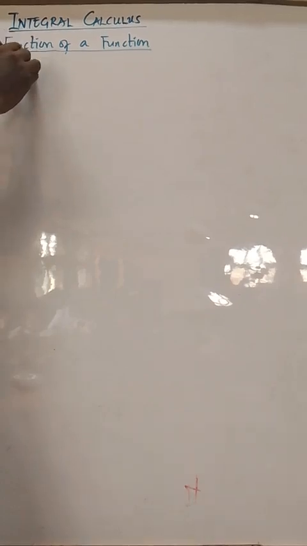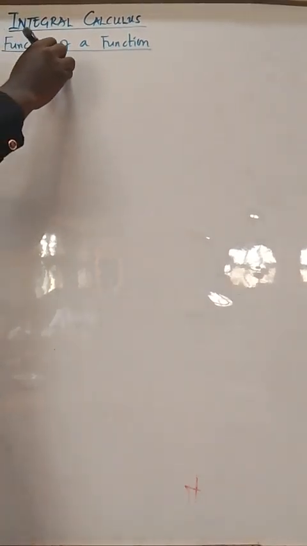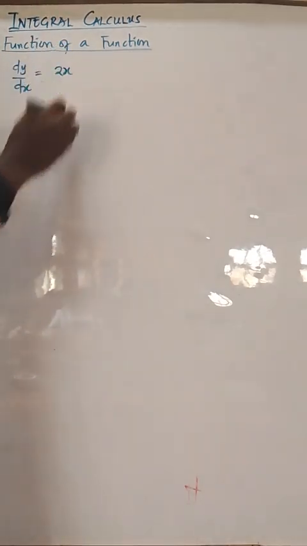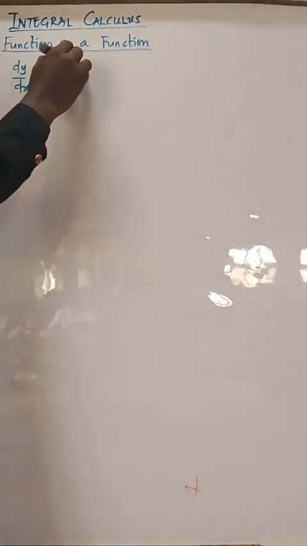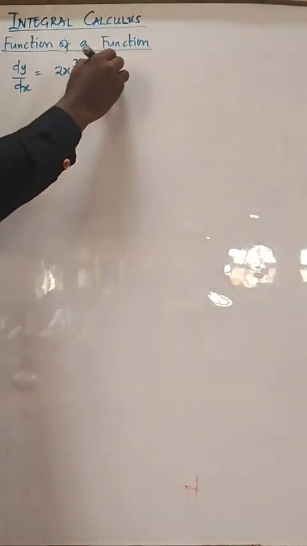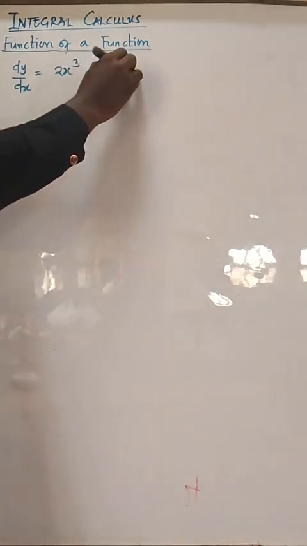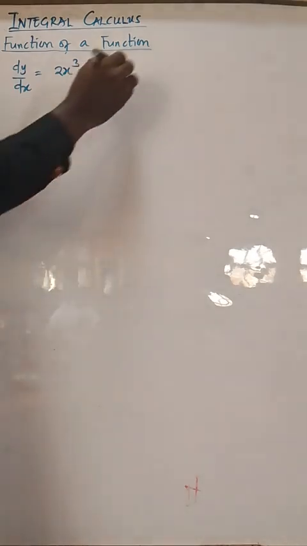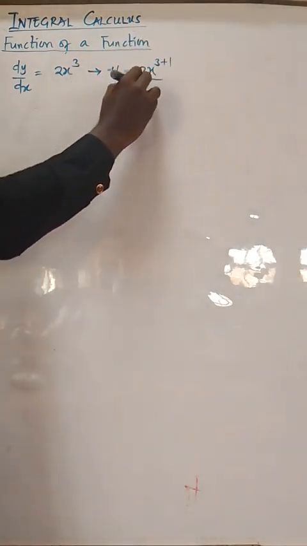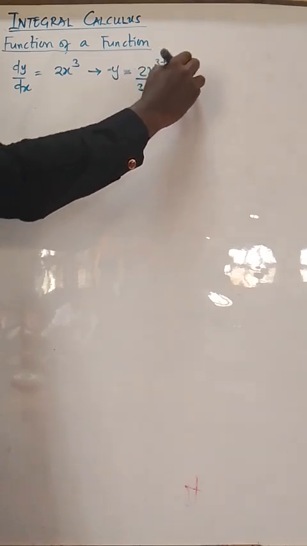Now, suppose we have a function like this. Let's say dy/dx equals 2x cubed. You can tell me this, that y equals, what are you going to do? 2x to the power 3 plus 1 over 3 plus 1, plus c.